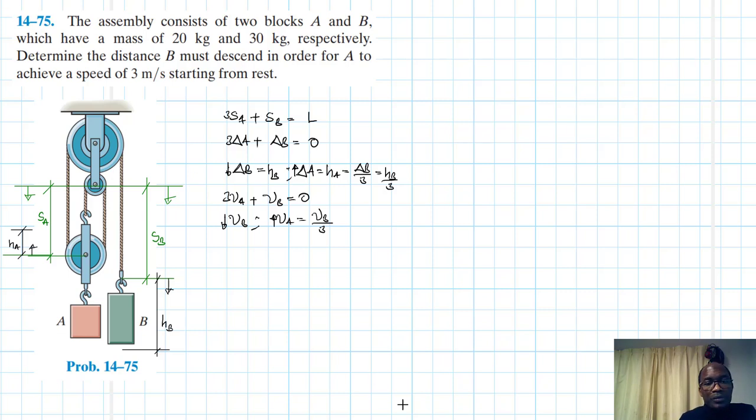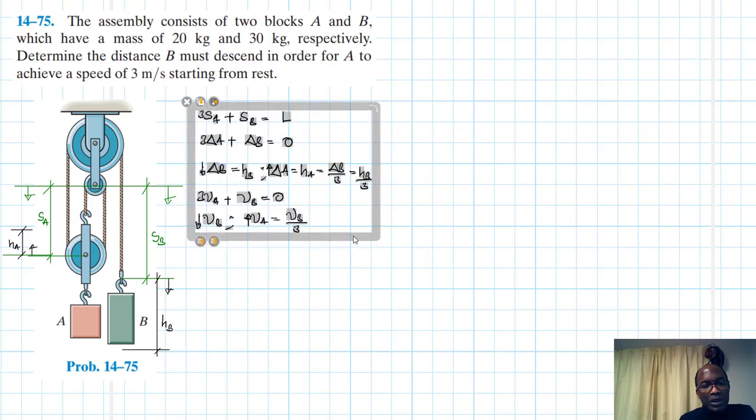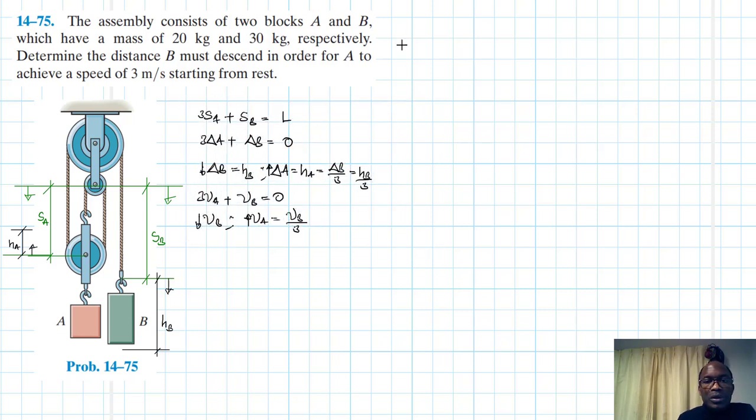Then applying the conservation of energy. Let's say this point here is 1, this is 2, this is 1, this is 2. So say the kinetic energy at point 1 plus the potential energy at point 1 is equal to the kinetic energy at point 2 plus the potential energy at point 2.